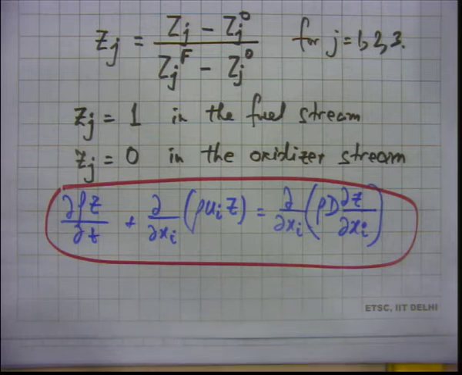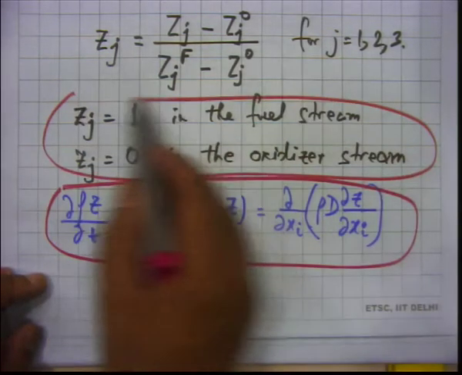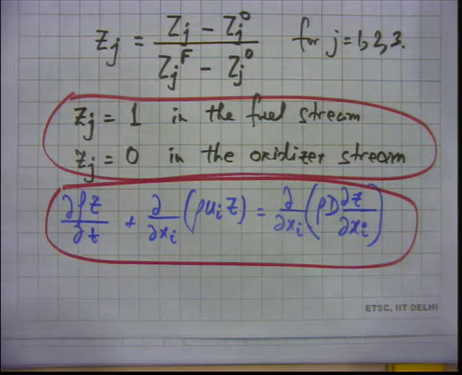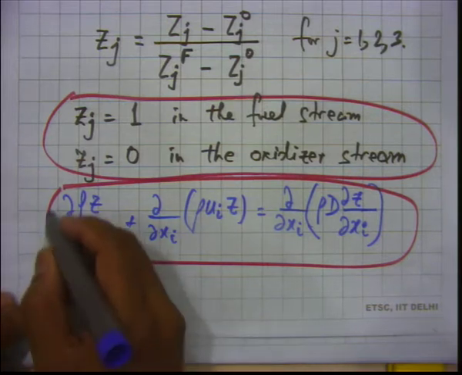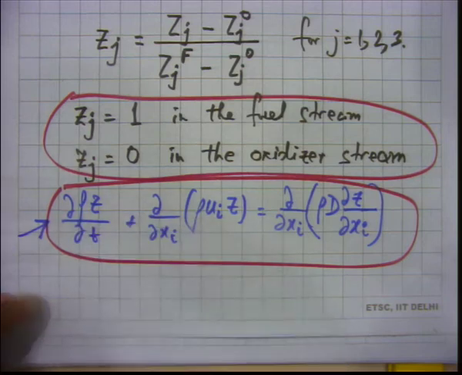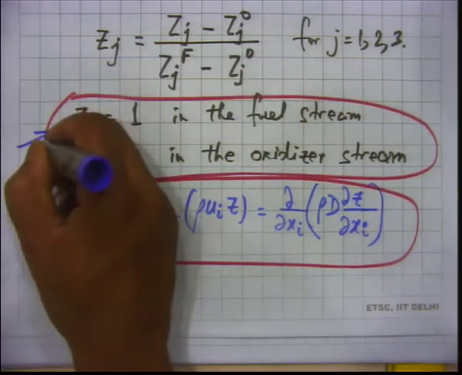This is a nice equation to deal with, and the small z's are calculated in such a way that they always have this property: 1 in the fuel stream and 0 in the oxidizer stream. All the small z's are governed by this equation, and they also have identical boundary conditions.